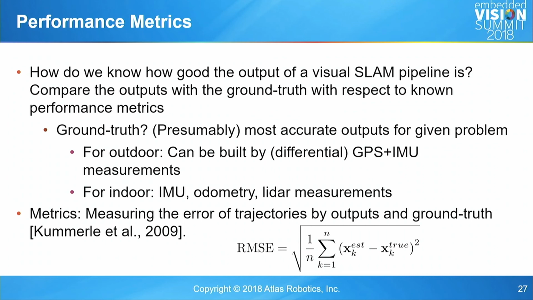Ground truths can come from using other data, like inertial measurement from an IMU, fusing it together with the visual image. Once you have a ground truth, you can measure the performance by looking at, for example, root mean square error, the error between what you output and where the ground truth says it should be. Then you look at the numbers. That's one way we can evaluate how good your pipeline is.